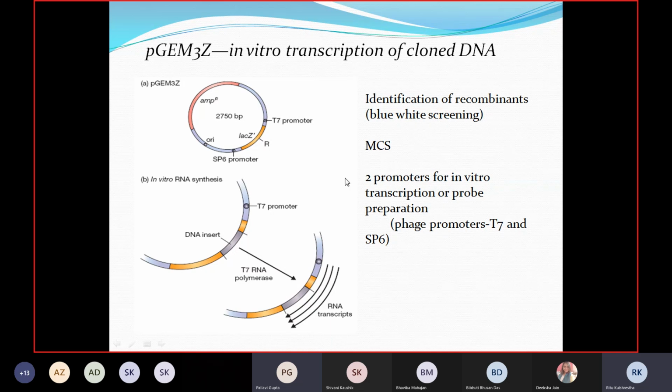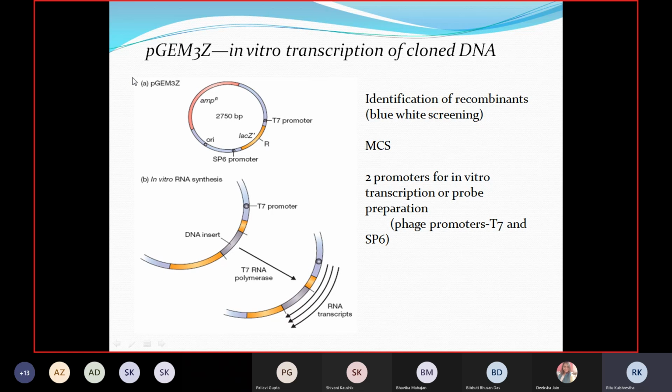See, if you remember my previous class, where I introduced what changes have been made in the bacterial strains to make a particular host strain, let's say, make a gene of interest inducible in nature. In that context, I told you that in some plasmid vectors they have introduced the T7 promoter.